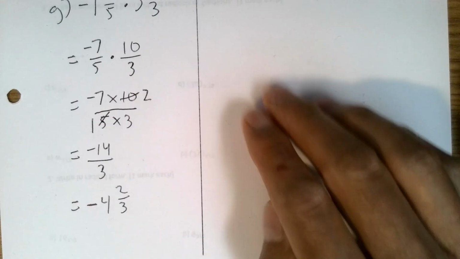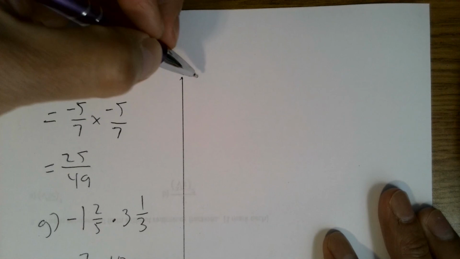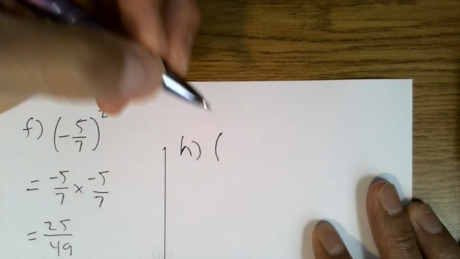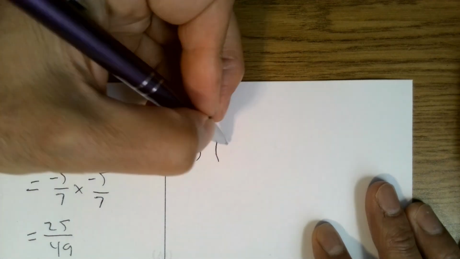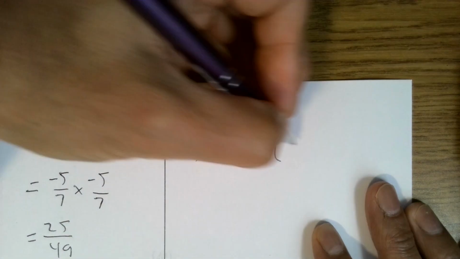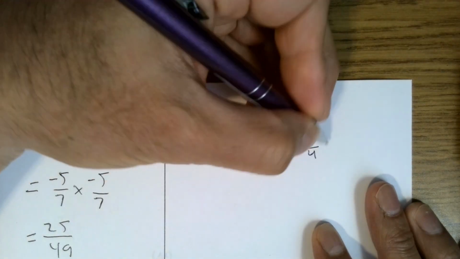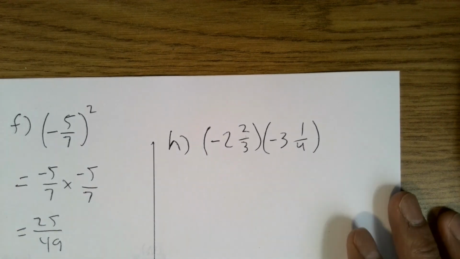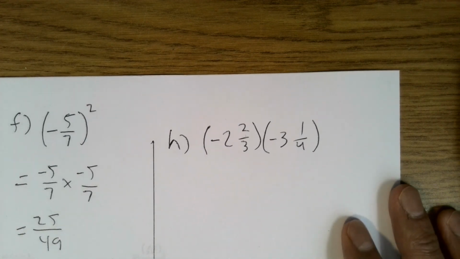Okay, one more example. Okay, H, we've got -2 2/3 and -3 1/4, or times, I should say, -3 1/4.